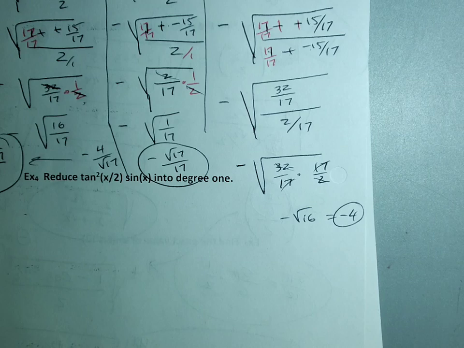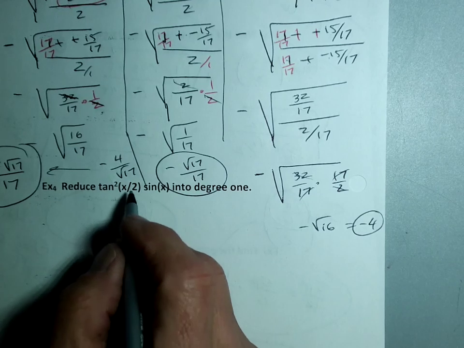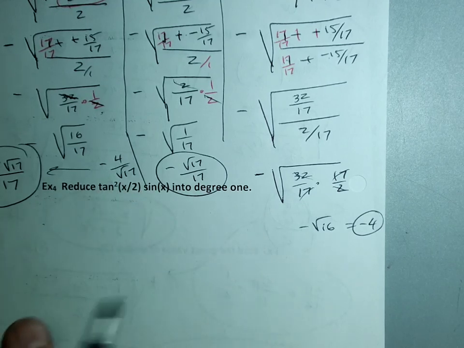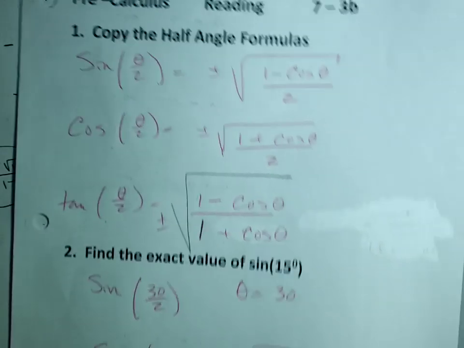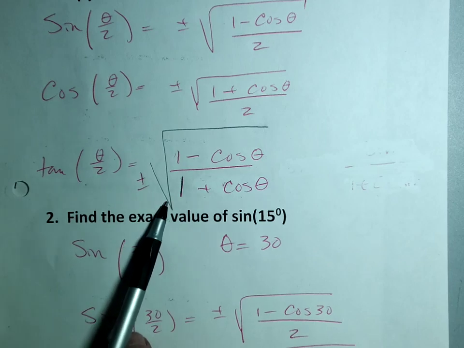Now we've got tangent squared. Let's go back to your identity. Hold on, let me get back to the identity I want. This is tangent of theta over 2.